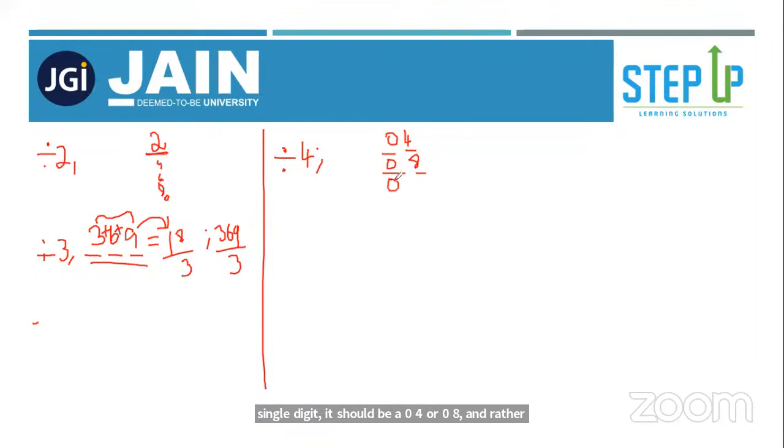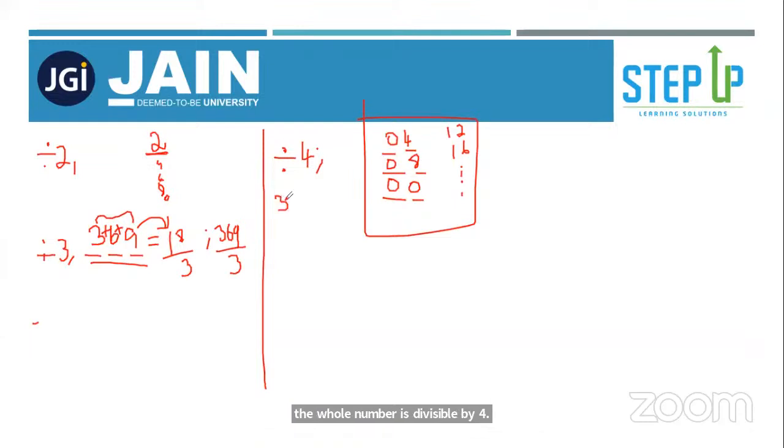Apart from that, the two-digit multiples like 12, 16, 20, and so on. For example, Laban said 344. 44 divided by 4 gives 11, so 44 is divisible by 4, then 344 is divisible by 4. Are you clear with that?